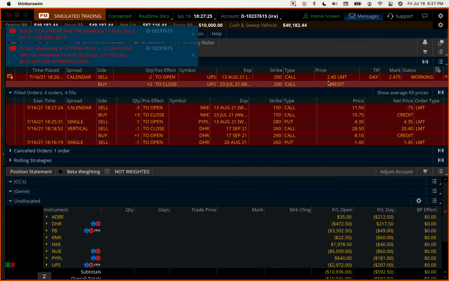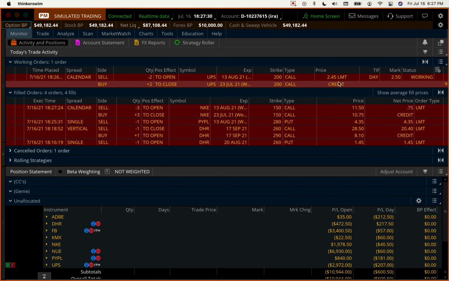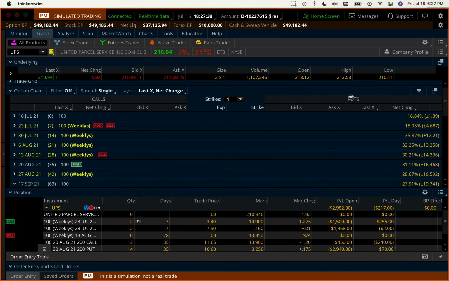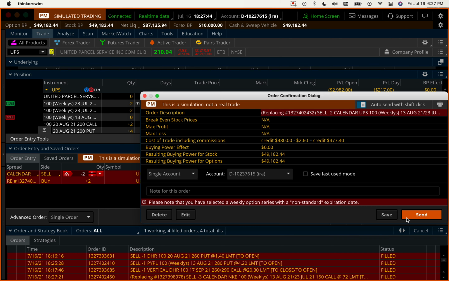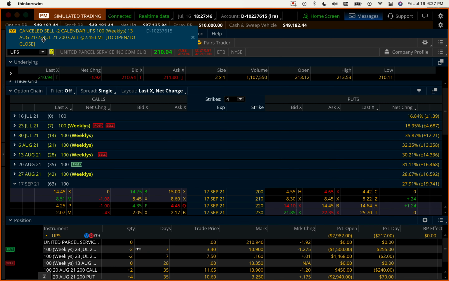And that got filled, and let's do the same with this one here. Well, this is actually below the price that is currently trading at, so it should get filled. Let's reduce it anyway so it gets filled right away.